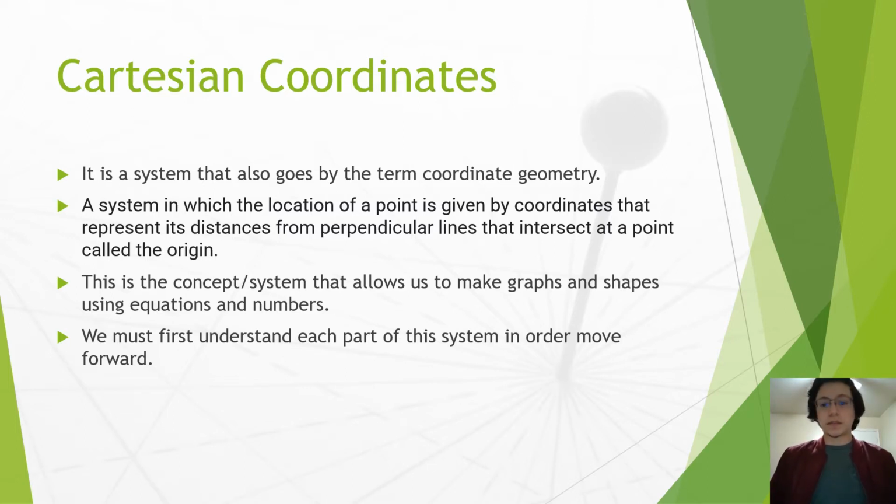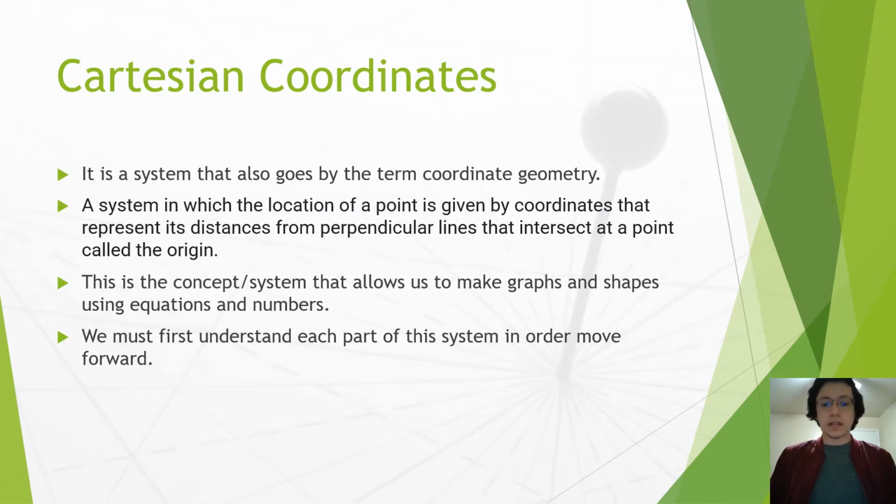This is the concept and system that allows us to make graphs, charts, etc., such as the equation for absolute value, for x squared, for a linear equation, etc. This is where our XY graph comes from.